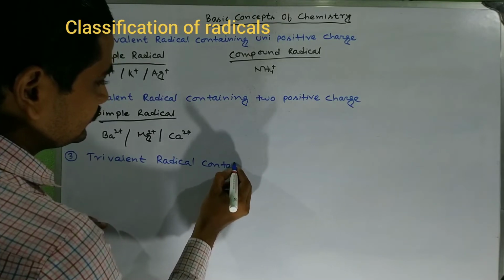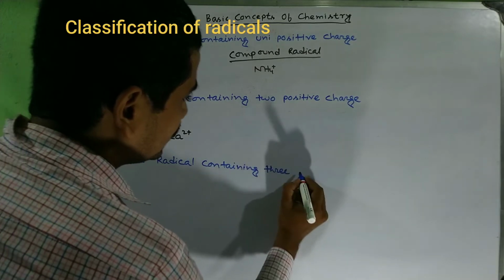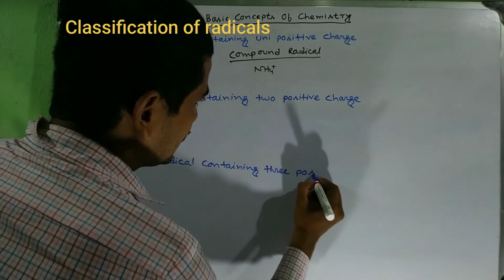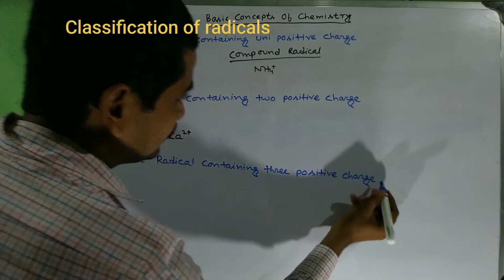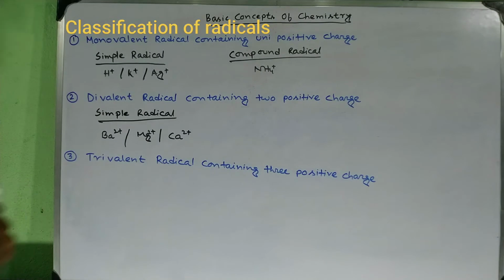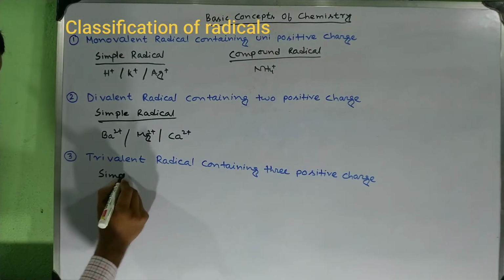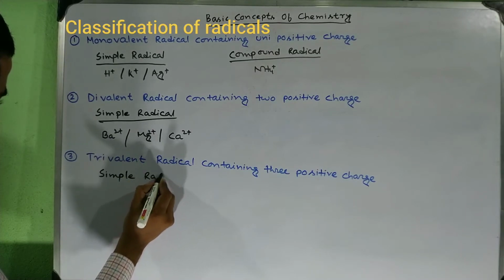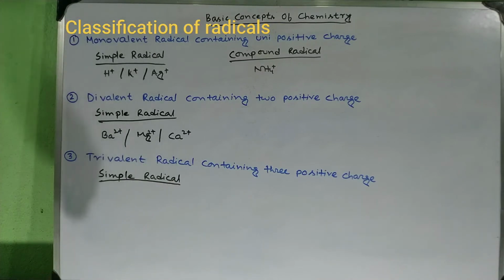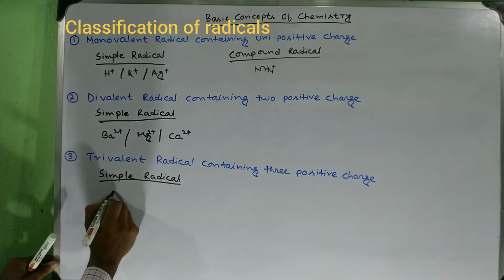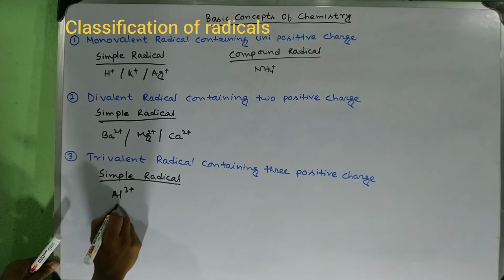Now the trivalent radicals, containing 3 positive charges. Clear? The simple radical examples are aluminium, boron.